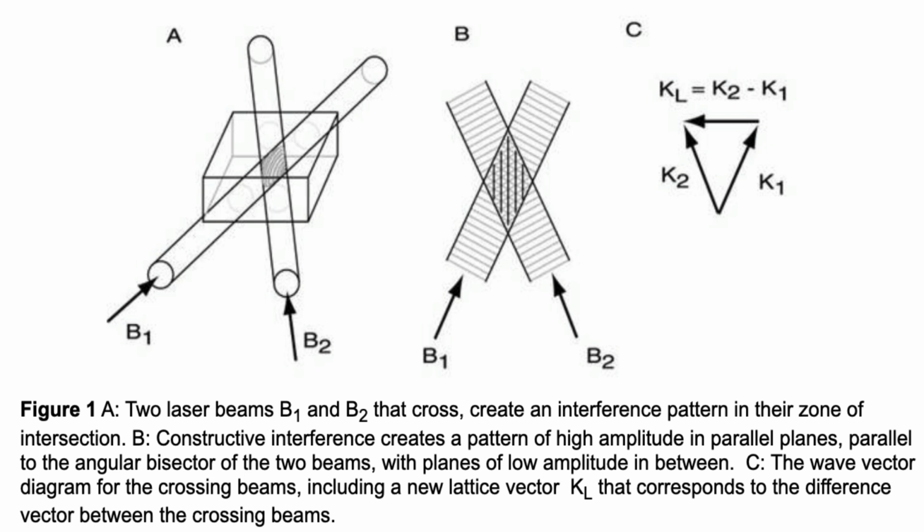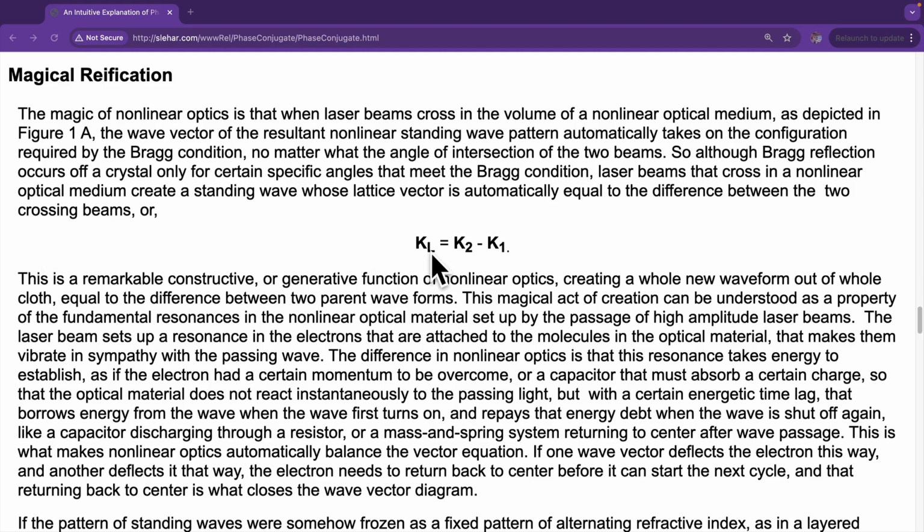So although Bragg reflection occurs off a crystal only for certain specific angles that meet the Bragg condition, laser beams that cross in a nonlinear optical medium create a standing wave whose lattice vector is automatically equal to the difference between the two crossing beams, or KL equals K2 minus K1.